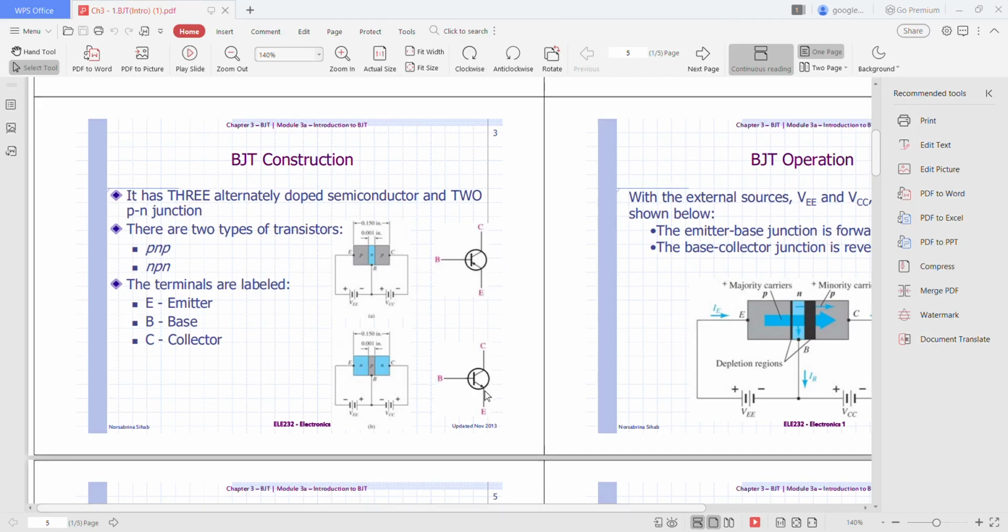But if the current moves from base to emitter, this transistor is called NPN transistor. So the arrow in the graphic symbol defines the direction of current here.